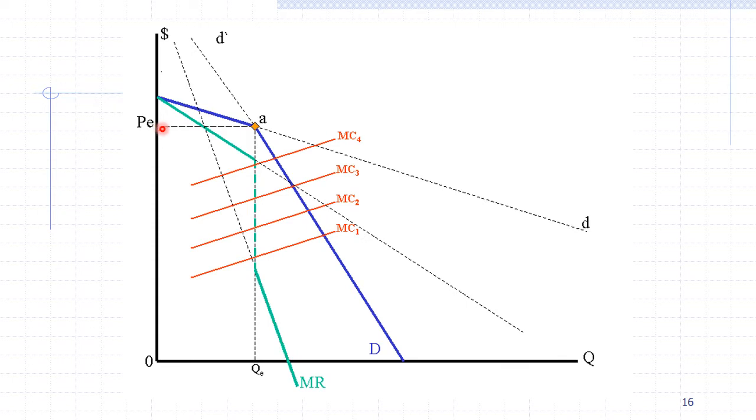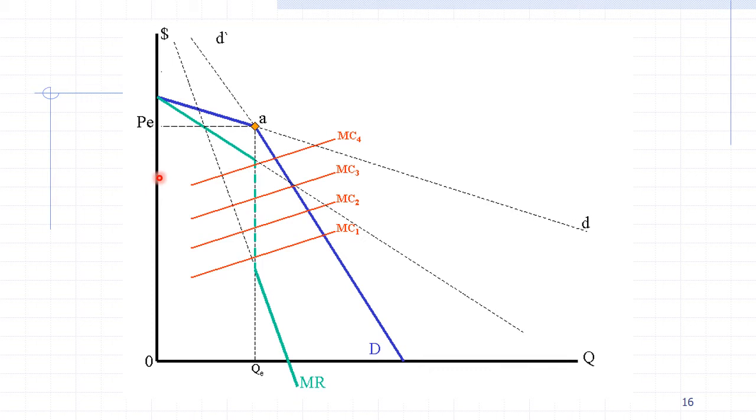Why is this happening actually? When you look at the corresponding MR curve, look here, the MR curve has a drop from here. The dotted lines you can see here are different MC curves they are facing, but their price level does not change.